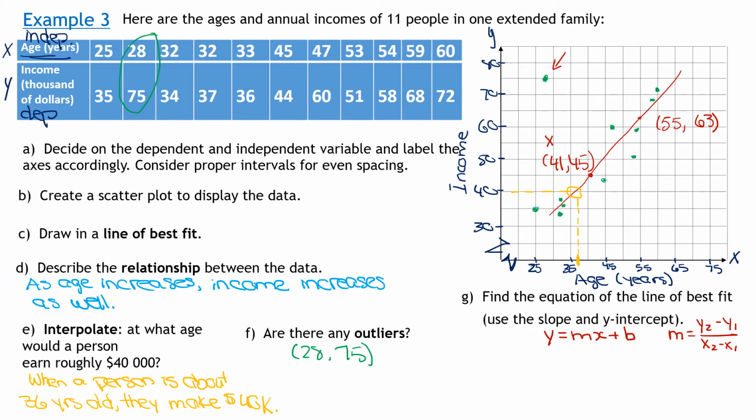This is my first x, this is my first y, over here is my second x, over here is my second y. In grade 9, it doesn't matter if I had rearranged those and made this x2, y2 and made this x1, y1. It wouldn't matter in grade 9 for what we're doing. We'll get the same answer if we mix them up, but it does matter later in math.